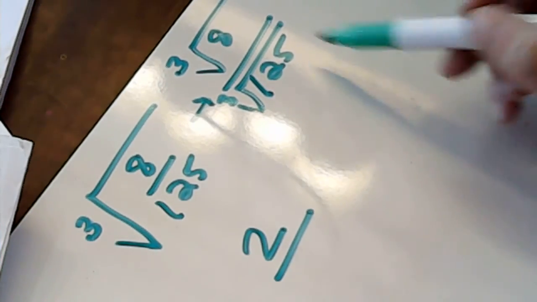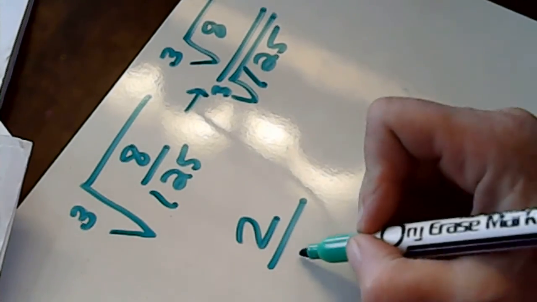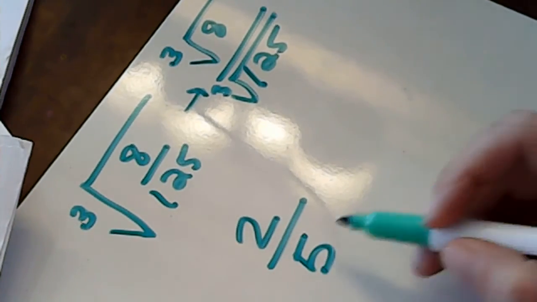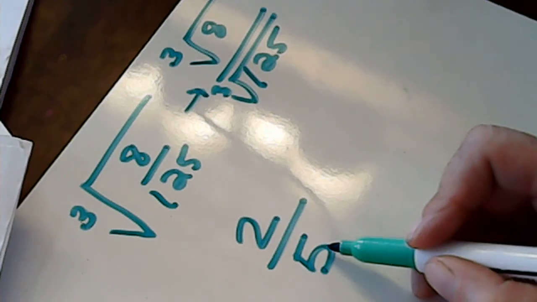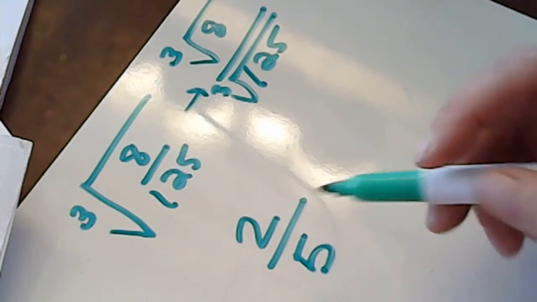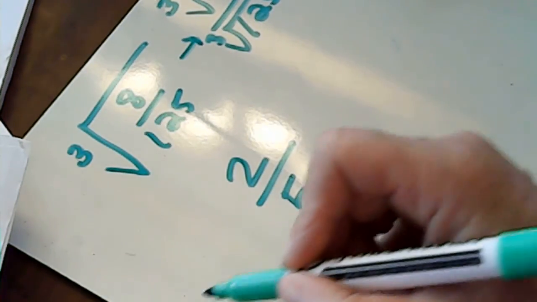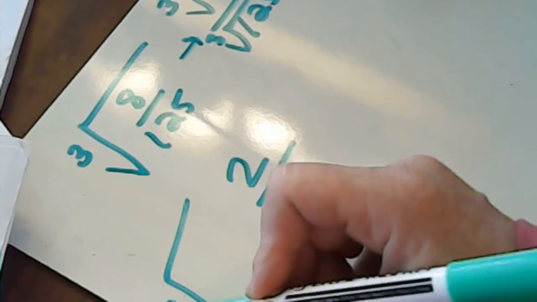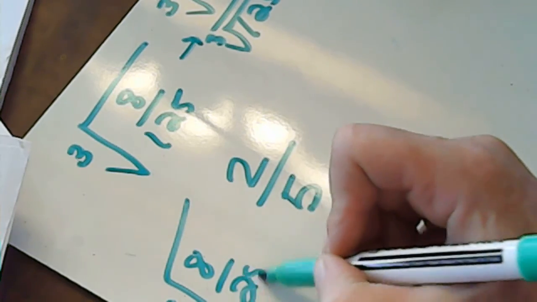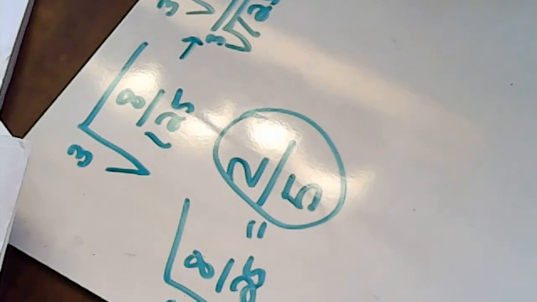And what number to the third power gives me 125? My next cube is 5. Because 5 times 5 is 25, times 5 is 125, 2 times 2 is 4, times 2 equals 8. So therefore, the cube root of 8 over 125 equals my 2/5. Okay? That's how we're going to deal with our cube roots.